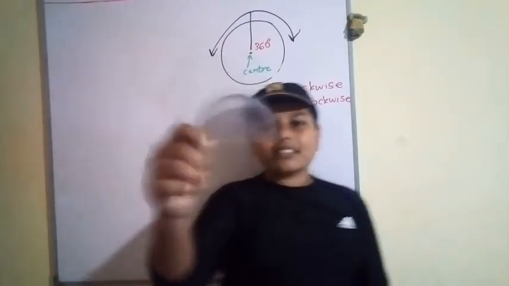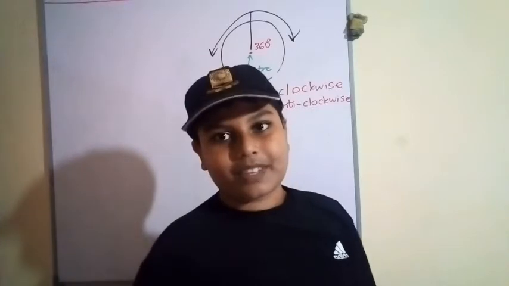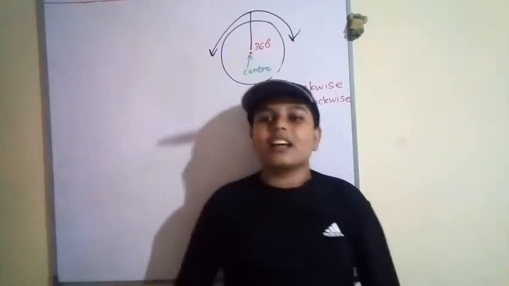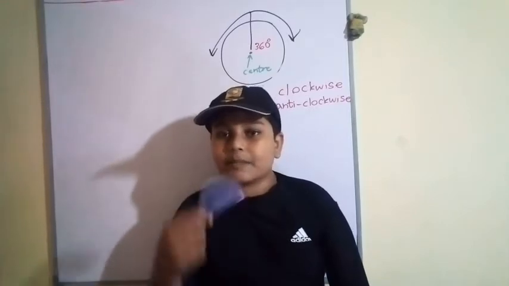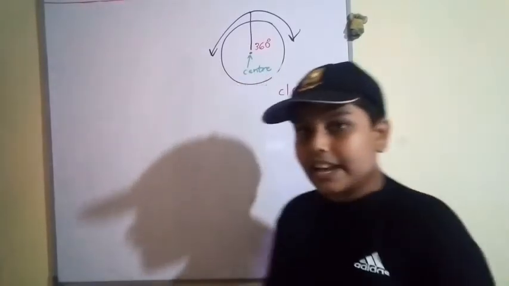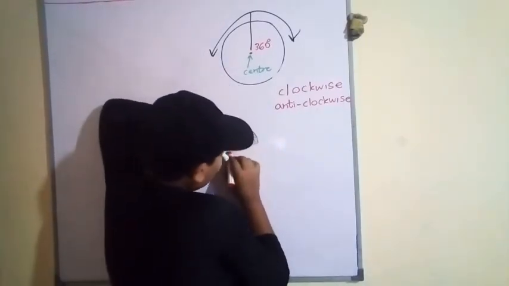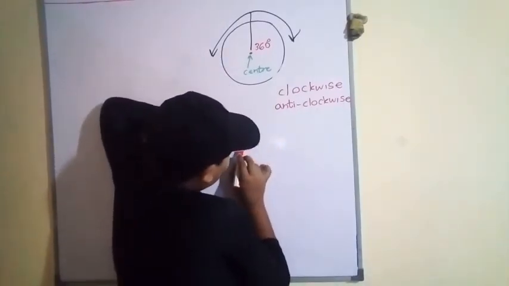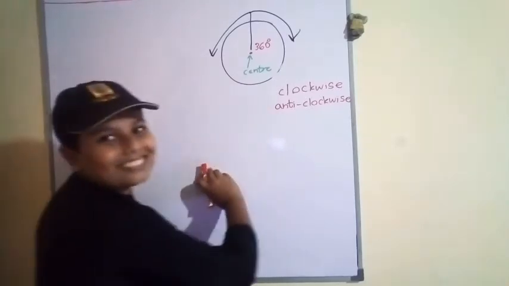Now what is this? This is the protractor, and you can use this to measure angles. You put the point in here and measure angles like here, right?